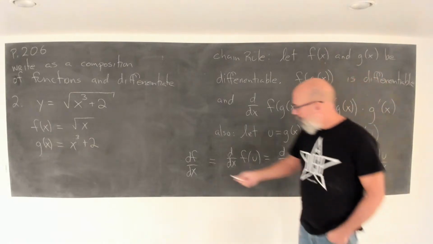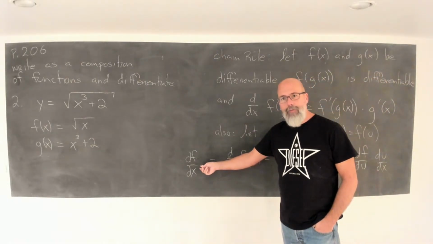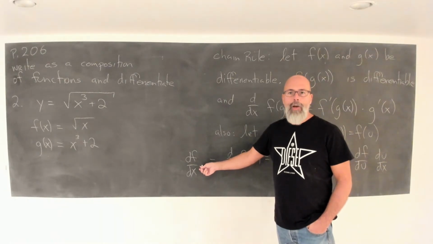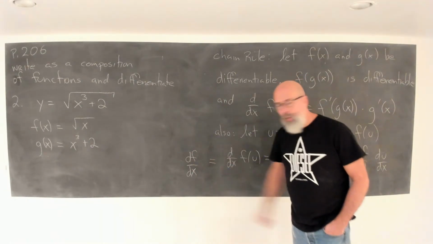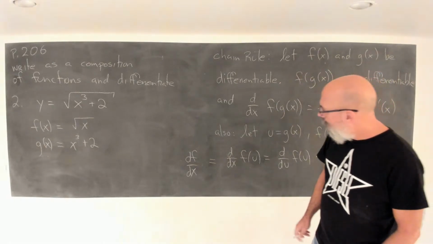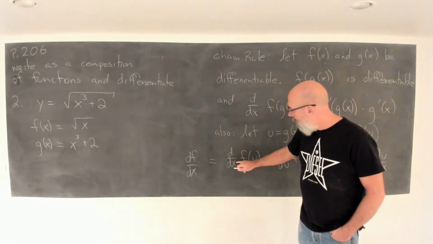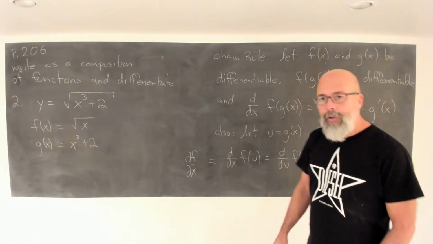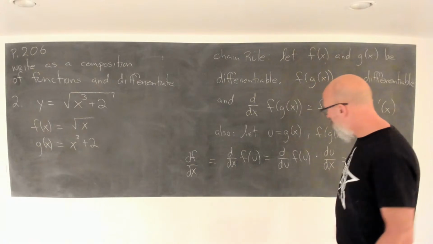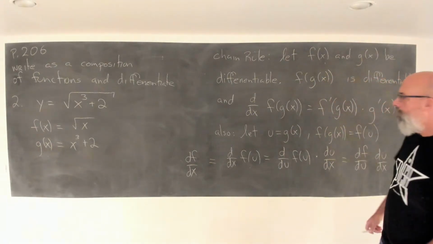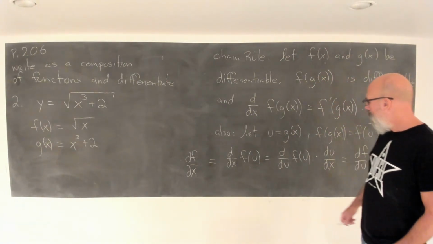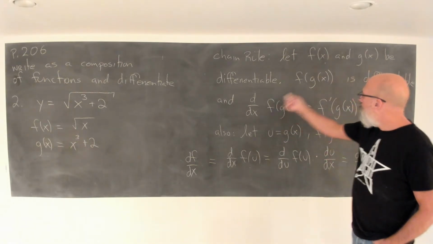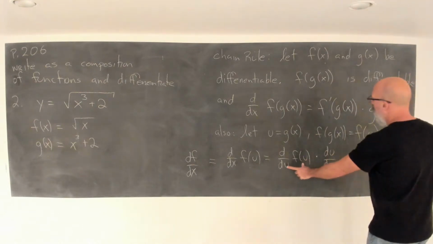Suhaira wants me to explain df dx. Well, you know what that means. It's the derivative of f with respect to x. There's nothing fancy going on here. This is just the chain rule rewritten, right?